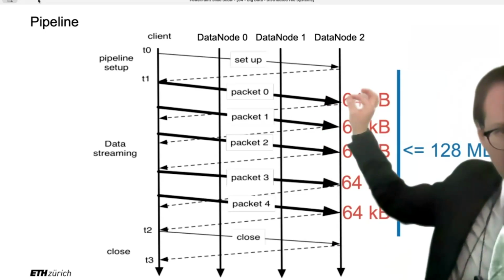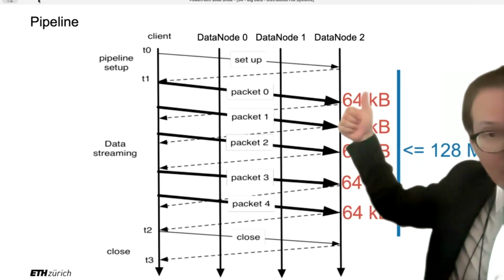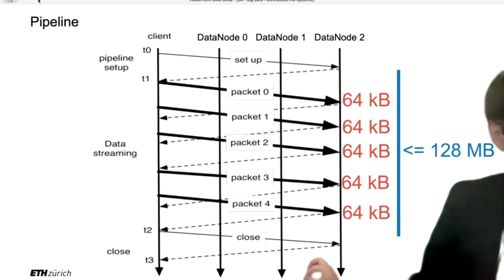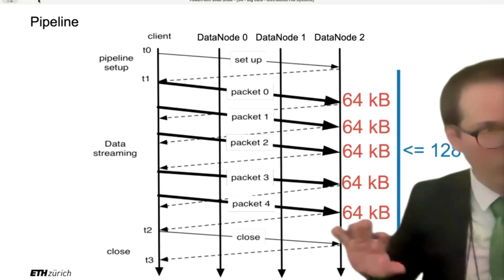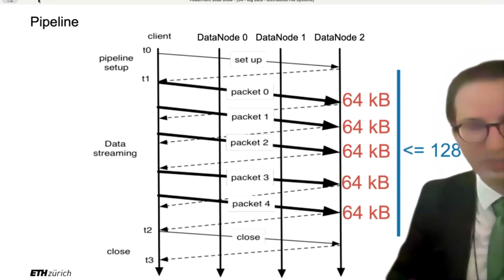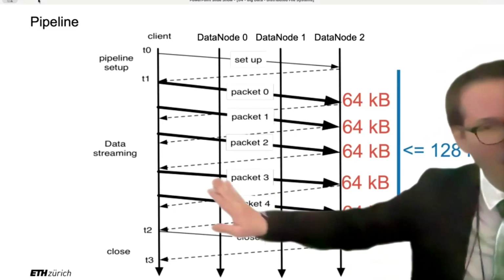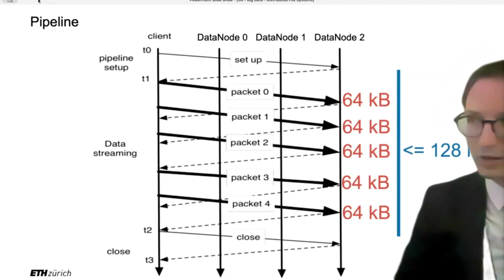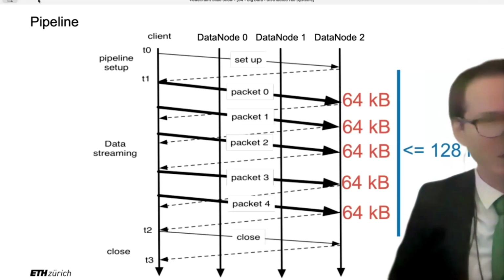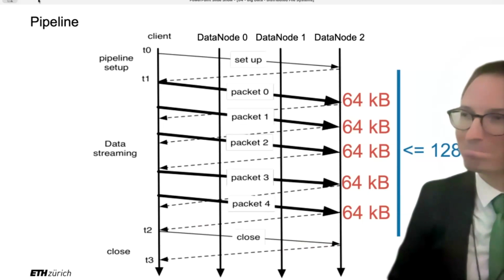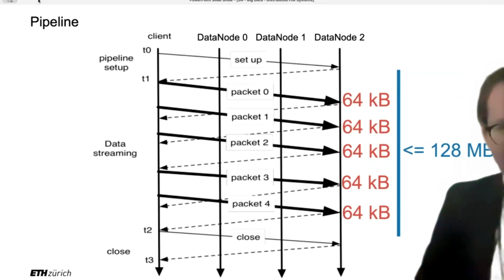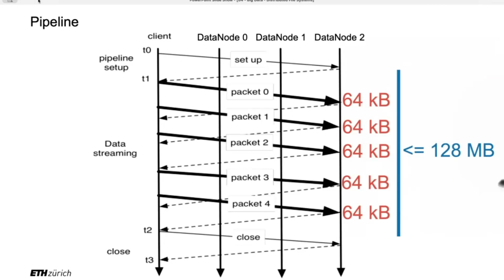So after the client has received at least 1 ack for every one of the network packets, then that's safe. It's done the minimal replication, and it can consider that the block is transmitted, and then it continues in the background to transmit to the other nodes. Does that make sense? Yep. All right.